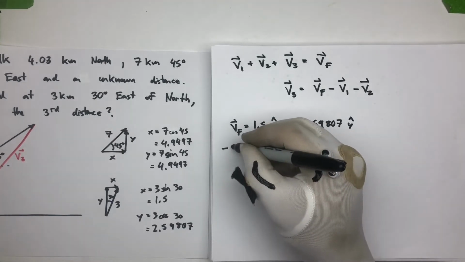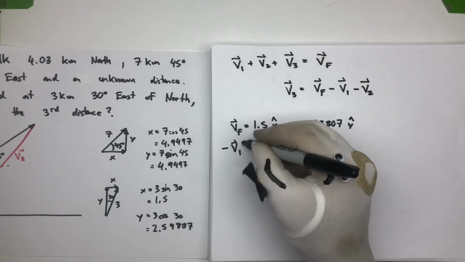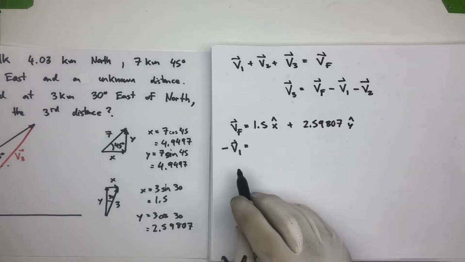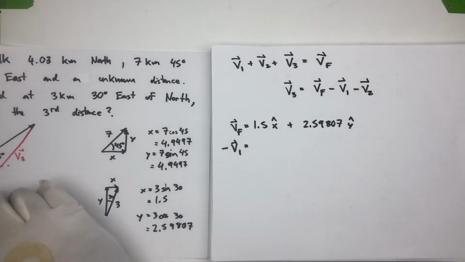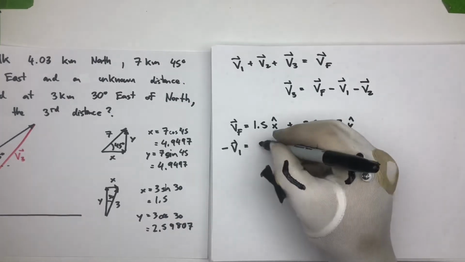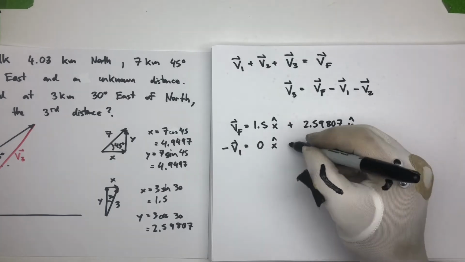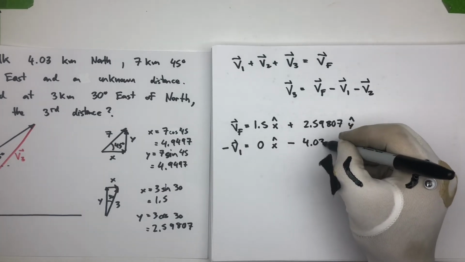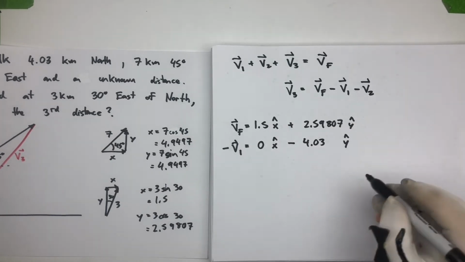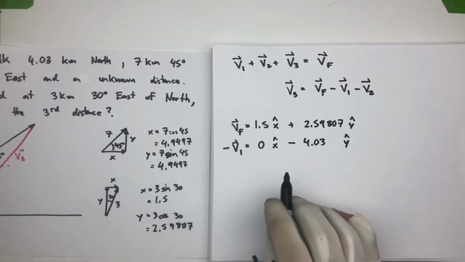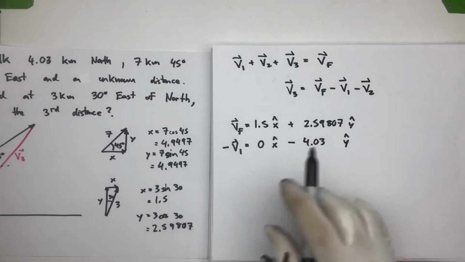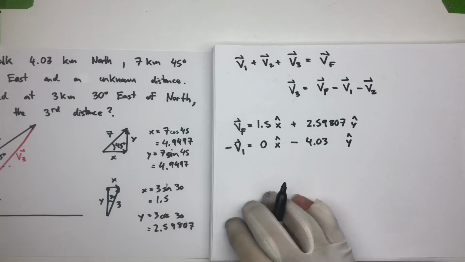And now I'm going to minus v1 vector. v1 vector is just positive north, so it's 0 in the x hat, and plus in the y, but I'm minusing it, so it's actually minus 4.03 y hat. Everything's reversed when you minus it. You just make a minus in front of it, or a plus. It's just the opposite.